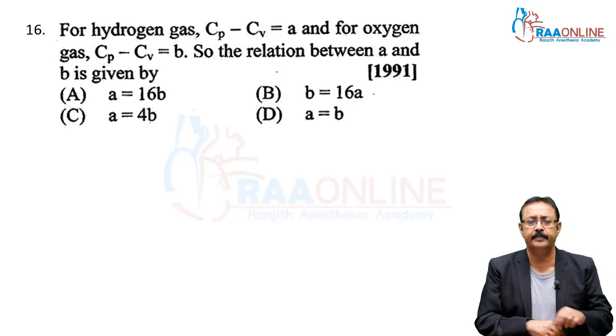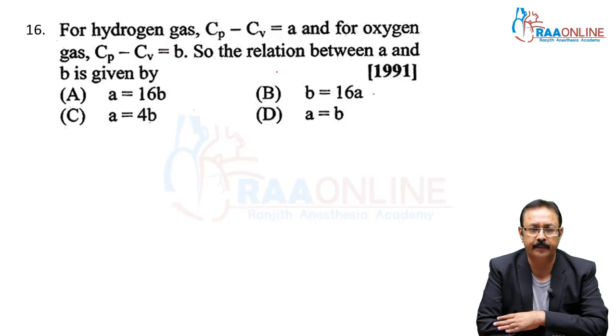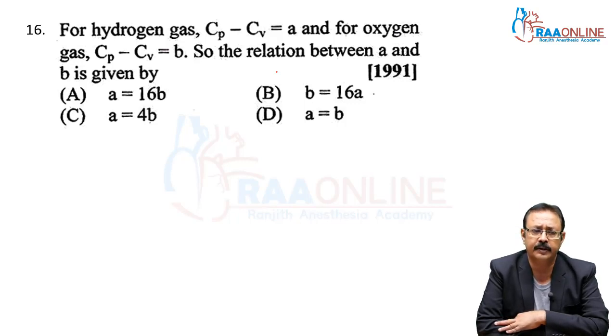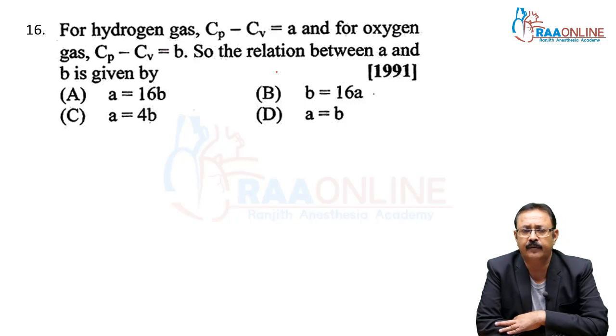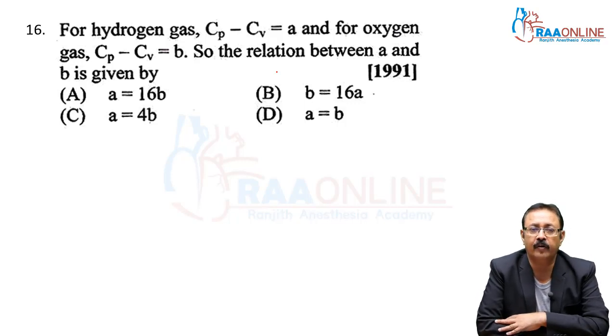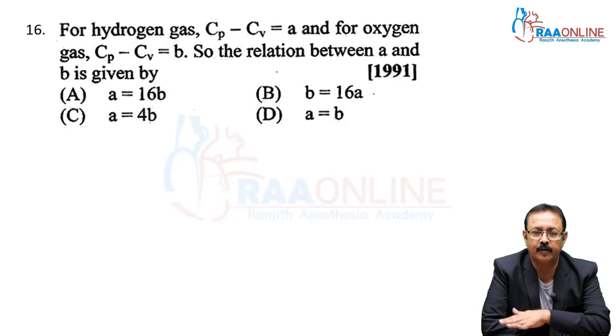Next, again the same type. It was asked in 1991 AIPMT. For hydrogen gas Cp minus Cv, they are saying A. For oxygen gas Cp minus Cv is equal to B. So the relation between A and B is given by, we know that for all gases Cp minus Cv is either R, or if you want calculation in calories, it should be R upon J. It is not specific to oxygen, hydrogen or nitrogen.